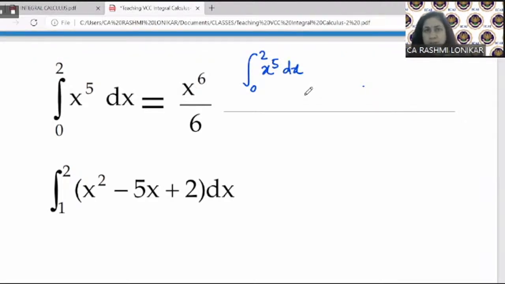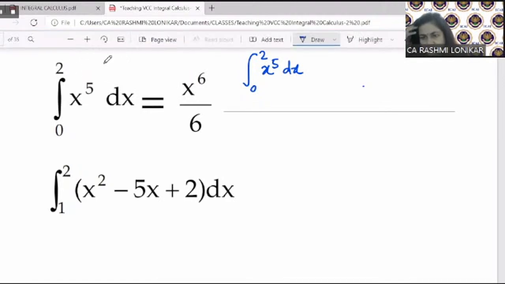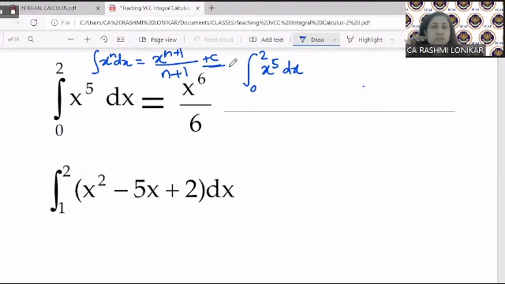Just think about this being a question of integration of x raised to 5 dx. What will I do? I will use which formula? Integral of x raised to n dx is equal to x raised to n plus 1 upon n plus 1 plus c, right? So here what is happening is, we don't need the c over here. Why? Because already I know the limits. I want to find it from 0 to 2.